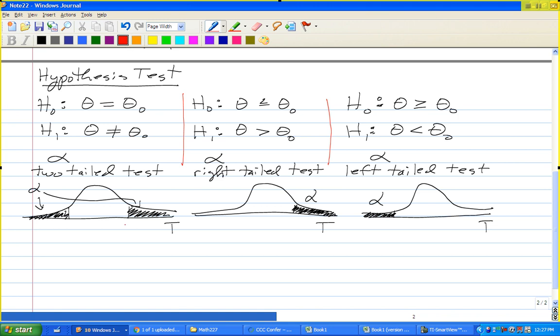These values here are called critical values, which make the area equal to alpha. So this is my critical value. This is my critical value. Please note that if you look at the alternative hypothesis, say greater than, this arrow points to the right, and it's right-tailed.